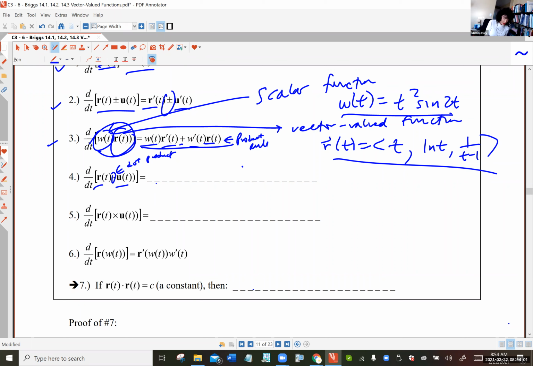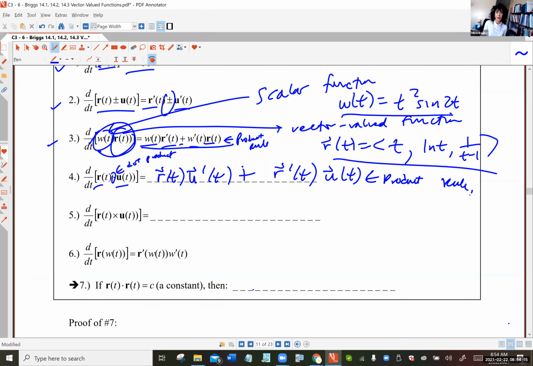This is what I love, because the product rule just keeps showing up and showing up, which is kind of great. So there's the product rule in action again. I love the product rule. I'm super into the product rule, by the way. That's a big hint. And I am when I teach Calc 2 also. I even tell them, I love that product rule. It's going to show up in all your future math classes. So you should do it.